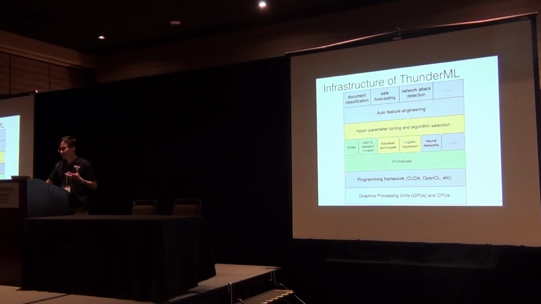On top of that, we have the automatic feature engineering layer, such that users can use our system in an end-to-end manner. And then users can run their own applications, such as document classification, sales forecasting, etc.